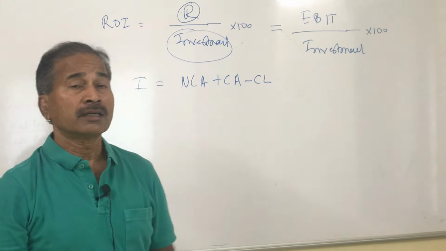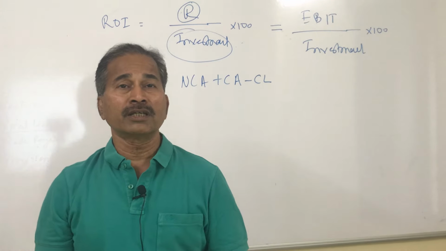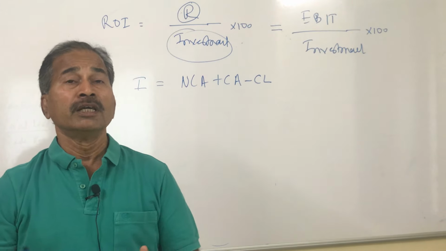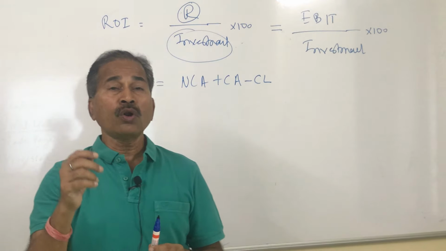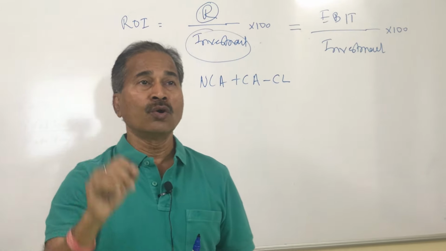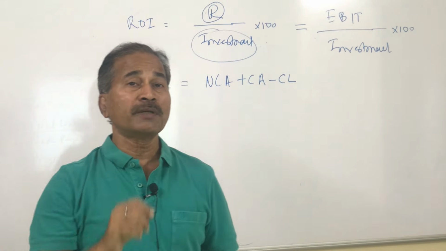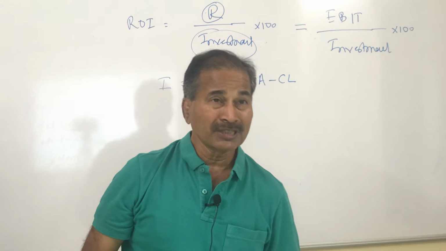And I'm sure, friends, having understood this, you will never ever make a mistake in calculating return on investment. You will never ever make a mistake in explaining what is the purpose which is served by return on investment. So this is the third perspective as far as the profitability of a business is concerned.